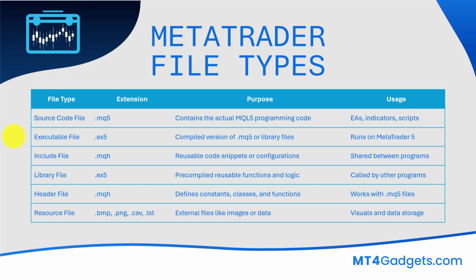Then we have include files. Include files have an extension .mqh, and their purpose is to include a collection of usually reusable code that you can plug and play and reuse in larger programs.